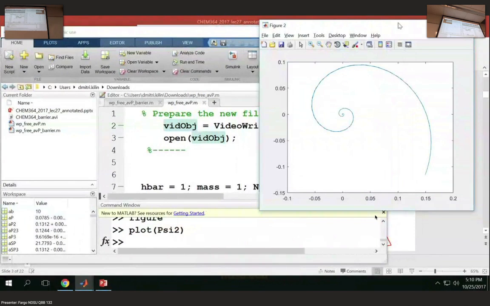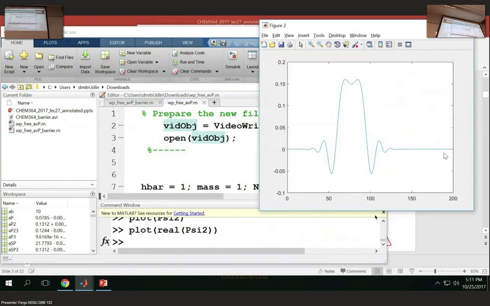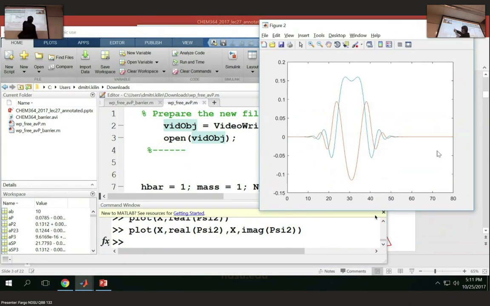Why? Because there are real and imaginary parts, right? So instead one should plot real and imaginary. You do see that they show a few fringes, and their frequency increases as we go apart from the center. This one was selected with 0 momentum.